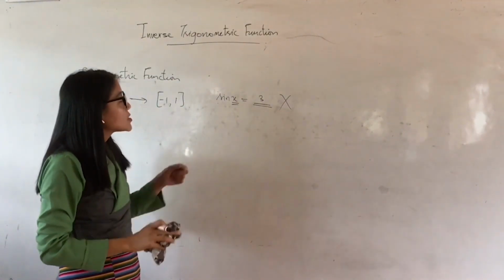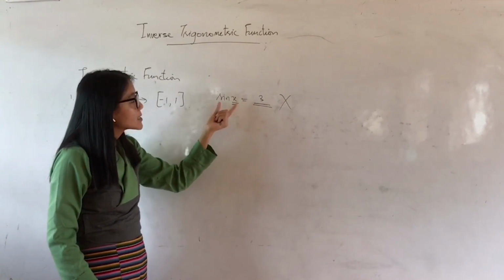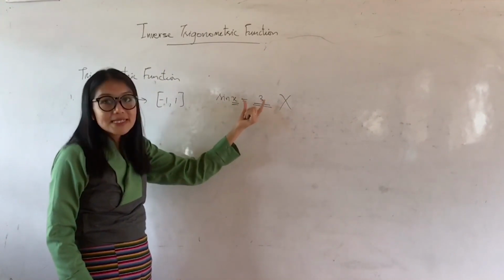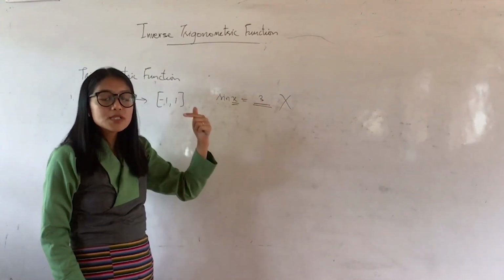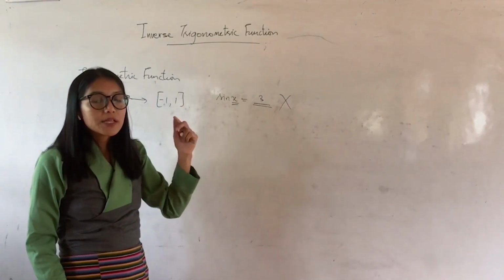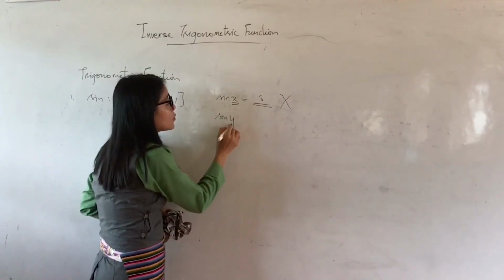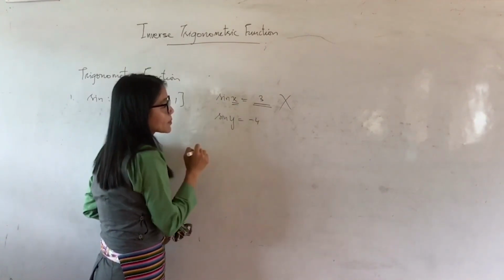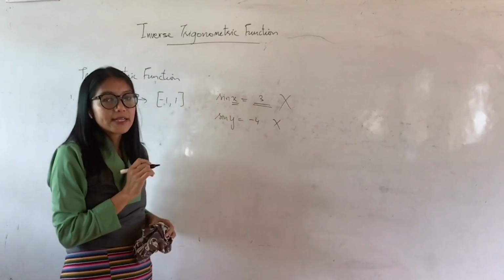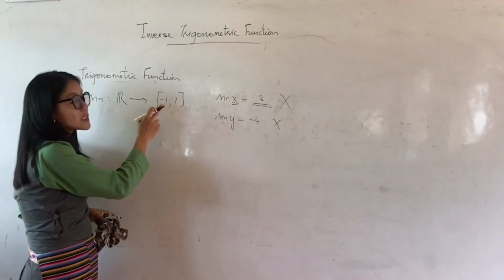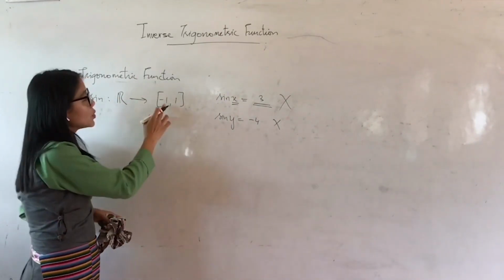Always remember that for any real number x, the value of sine has to be less than or equal to 1. At most the value of sine can be 1, but it will not exceed 1. Similarly, if I write sine y equals -4, this equation is also incorrect, because the value of sine is always greater than or equal to -1.